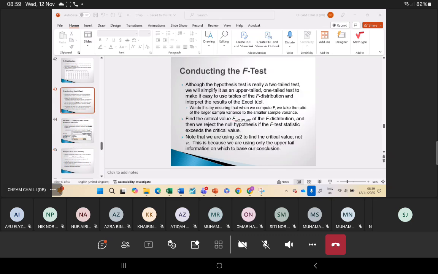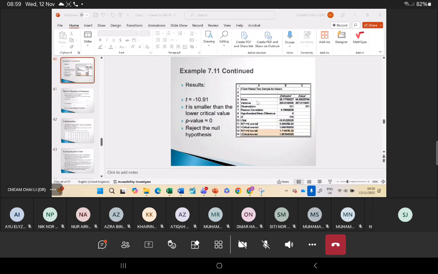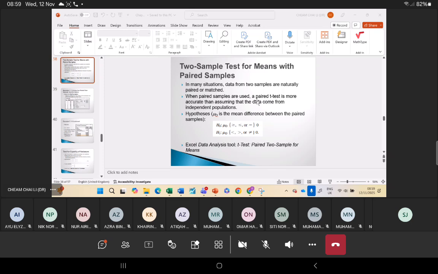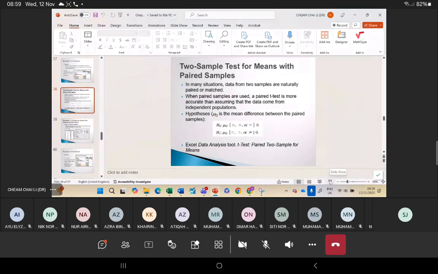Okay, now we want to look at the fourth hypothesis. That is the two sample, right? We also have this two sample, but this time the two samples are dependent.